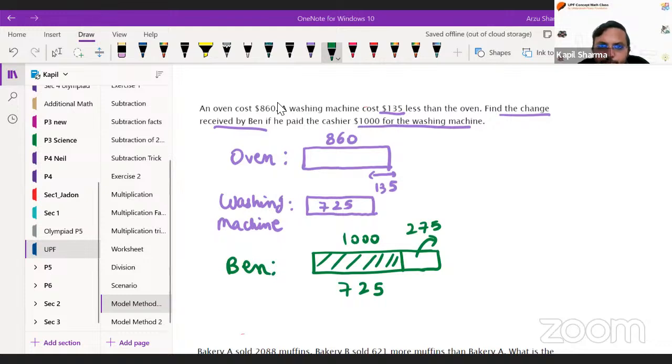Yashika? Yeah. So this was a simple problem. Did you guys understand this model, how we use the model here? Guys, respond quickly.